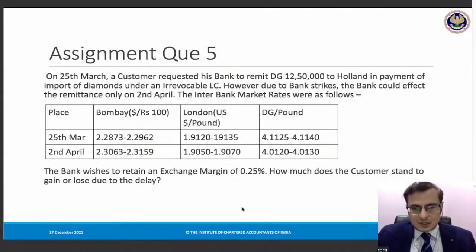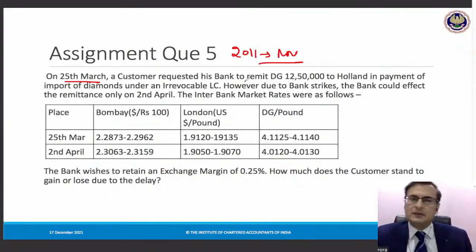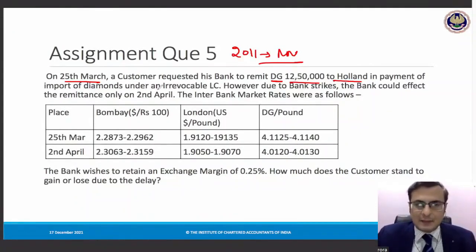So on 25th March, a very similar question. This came in your exam in the 2011 November attempt. A customer requested his bank to remit DG 12,50,000, the currency to be paid to Holland, for the import of diamonds under the irrevocable LC.